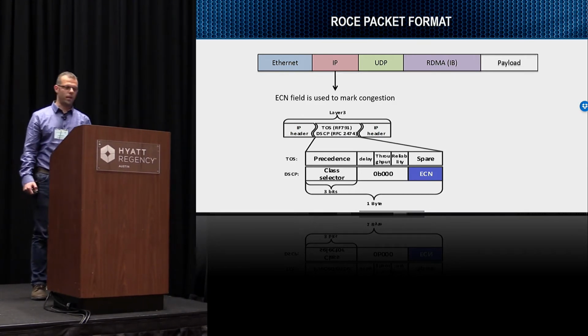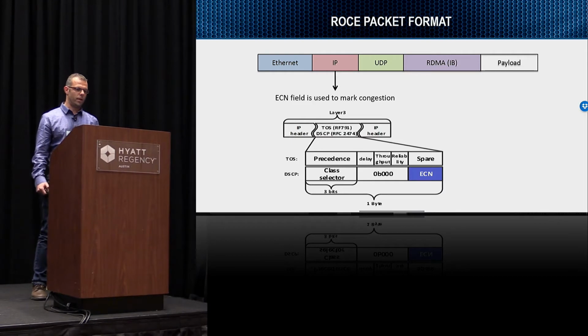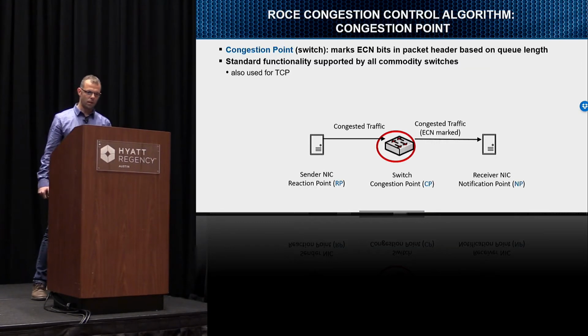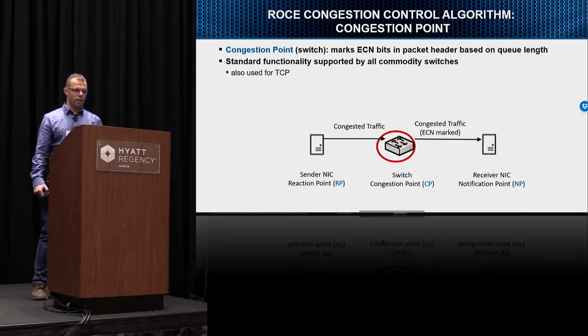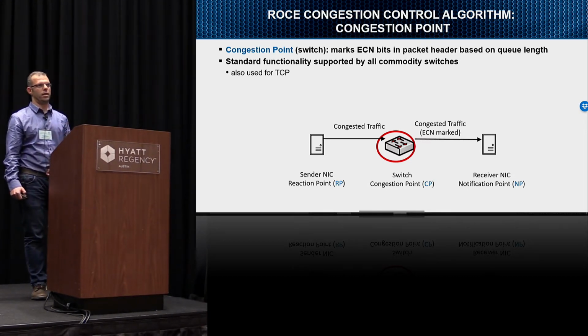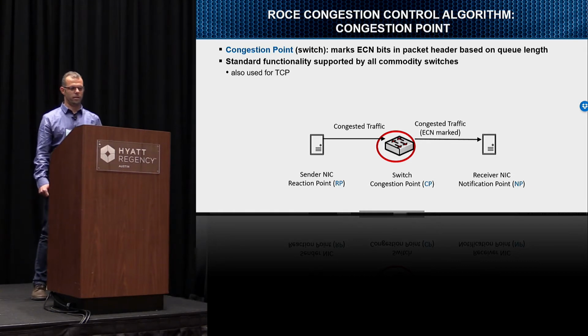The RoCE packet format is basically an InfiniBand packet which is encapsulated in a UDP header, IP header, and Ethernet header. For congestion control, we use the ECN field of the IP header to mark the congestion. The congestion point, which is the congested switch, marks the ECN bits of the RoCE packets that traverse it based on the queue length.